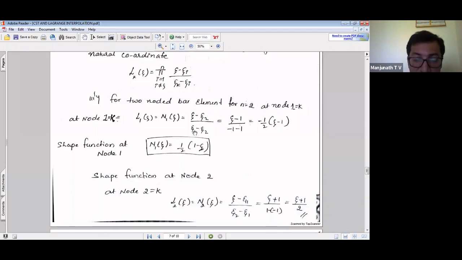In that particular problem, the total number of nodes will be 2. So except this kth node, we need to consider the remaining nodes in the element. If it is 3 nodes, then one more equation, same as this, we need to write here.